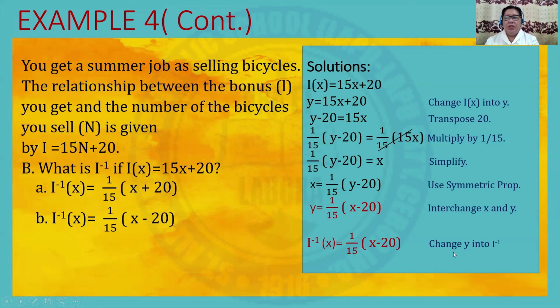And then, change Y into I to the negative 1 of X to represent the inverse function, which is equal to 1/15 times the quantity X minus 20. And the answer is letter B. I to the negative 1 of X equals 1/15 times the quantity X minus 20.